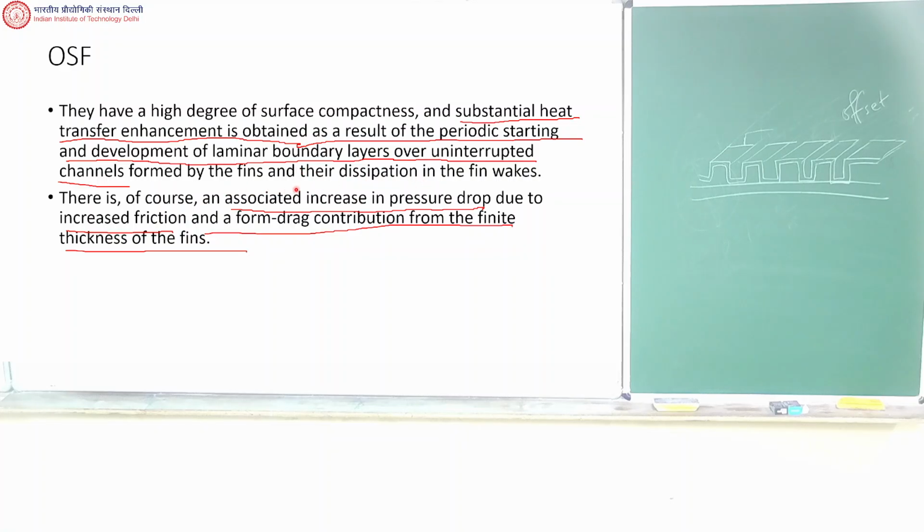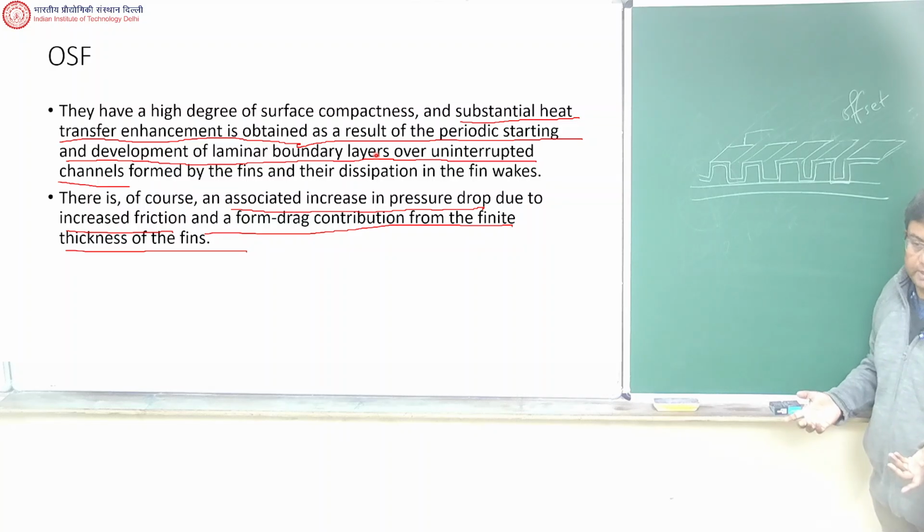So that will give you better heat transfer. So substantial heat transfer enhancement is obtained as a result of periodic starting and development of laminar boundary layers. Periodic, because you do this, then you do disruption, and then at that offset strip section, again there will be another development of boundary layer. Then again it gets interrupted like that. So this will be better than the case when you are not interrupting it.